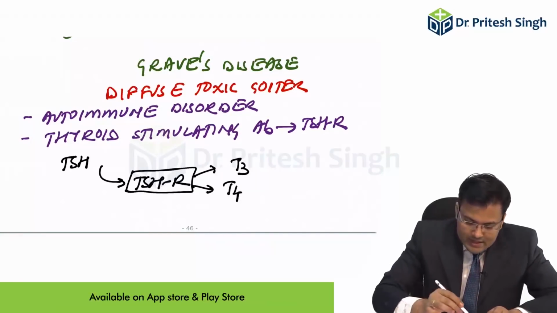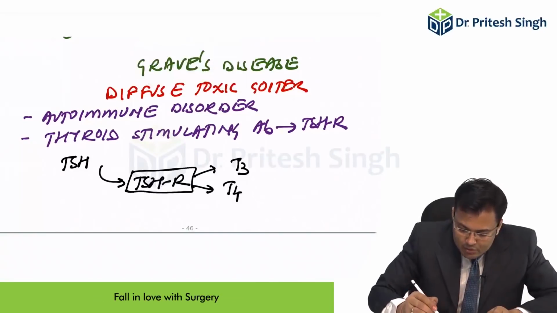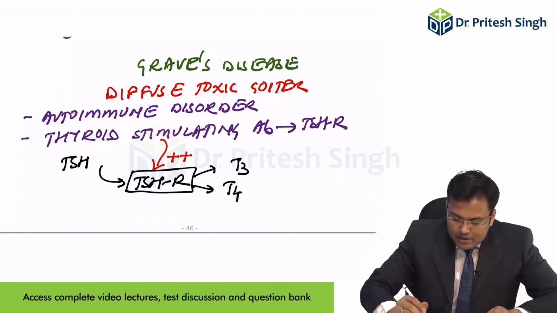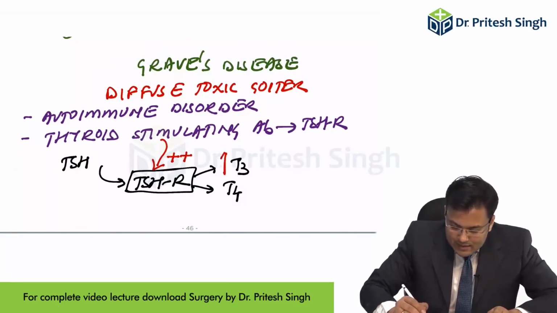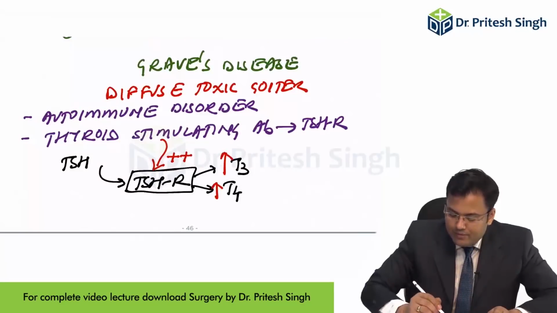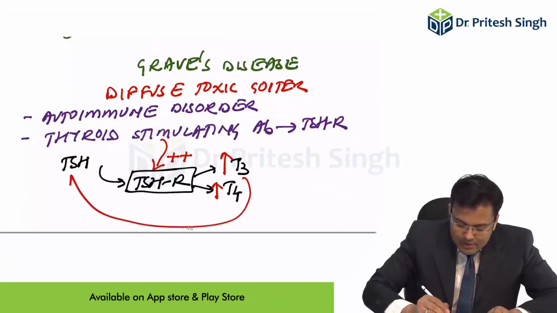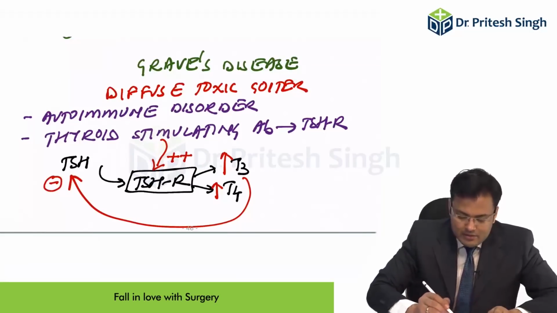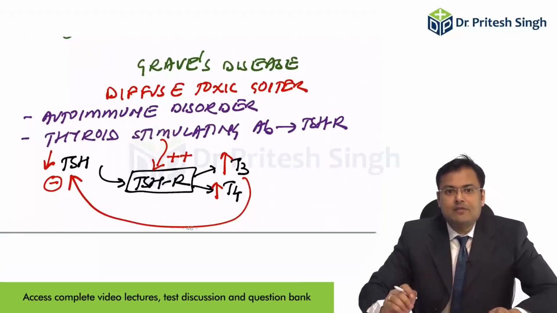What's the problem in this case? This thyroid stimulating autoantibody is going to stimulate this TSH receptor. Because of this, what will happen? There is increased release of T3 T4. And can you see, because of increased release of T3 T4, there is feedback inhibition. So there is decreased levels of TSH.